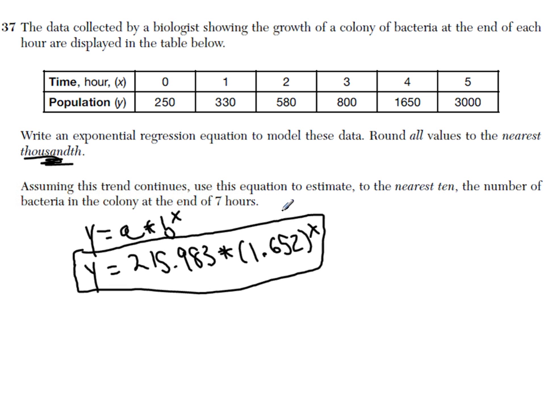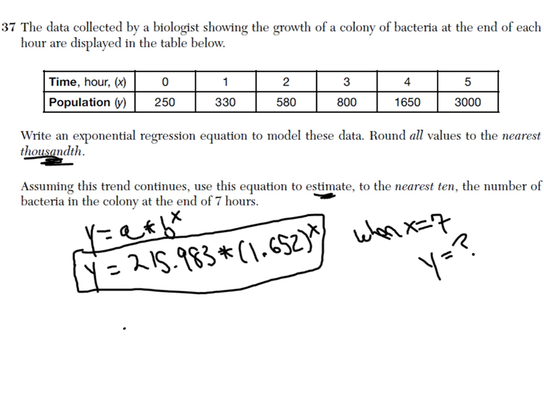The second part is to use this regression equation we got here to predict or estimate what the number of bacteria would be at the end of 7 hours. In other words, when x equals 7, what does y equal?